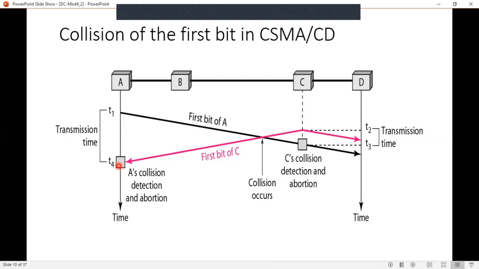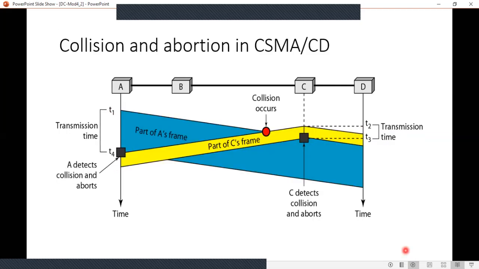Now here we can see that A transmits for a time of t4 minus t1 and C transmits for a time duration of t3 minus t2. Now see this next diagram, which shows the collision and abortion in CSMA/CD. This is the same diagram as the last one.